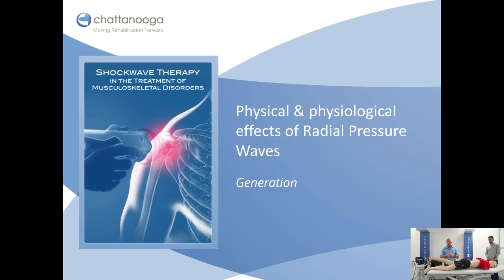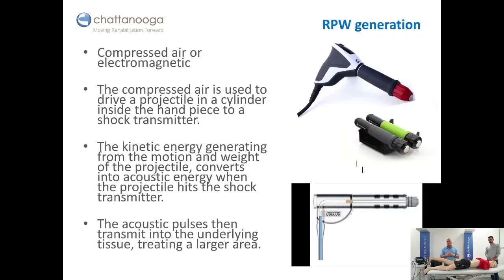Okay, next slide. So now we're going to look at how radial pressure waves are generated. There are two main ways. Most manufacturers are using compressed air. There is a move with some manufacturers to use electromagnetic technology. Now, what I can say at this juncture is there is not one piece of published evidence to support the use of electromagnetic technology.